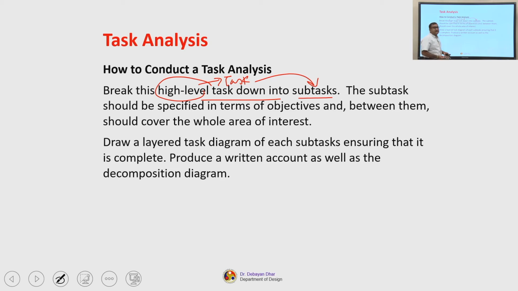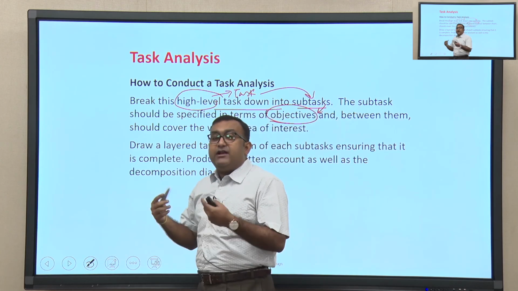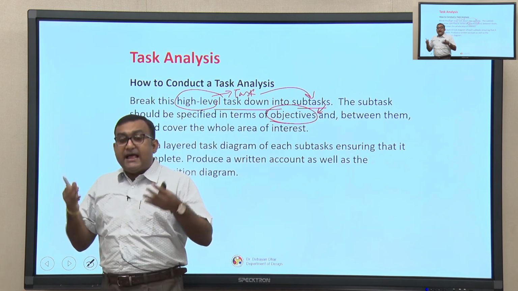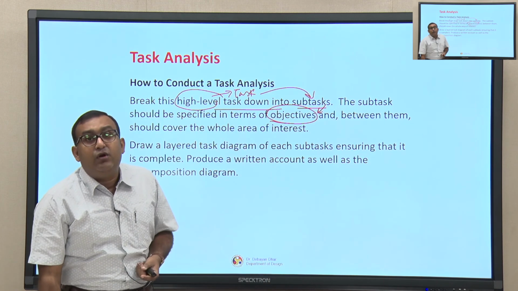So, the subtasks should be specified in terms of objectives, and between them should cover the whole area of interest. So, for each subtask there should be objectives, and this is how you ensure that the work practices and their characteristics are identified in full detail.